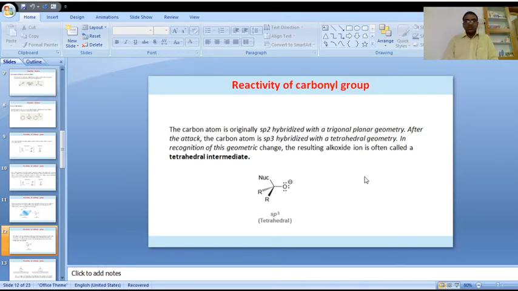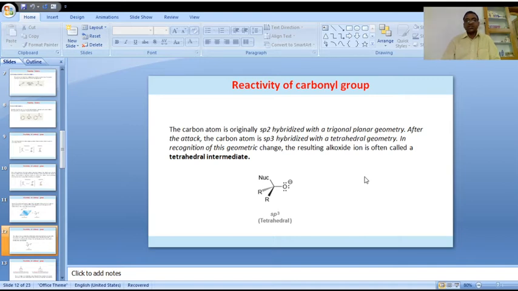Now let us go to clear information on how the alkoxide ion structure exhibits. Here, the carbon atom is originally sp2 hybridized. Just now we discussed that in an aldehydic or ketonic functional group, the carbonyl carbon is originally sp2 hybridized with a trigonal planar geometry.